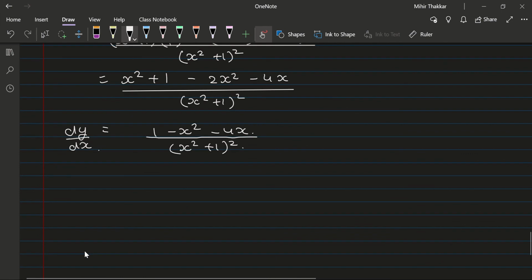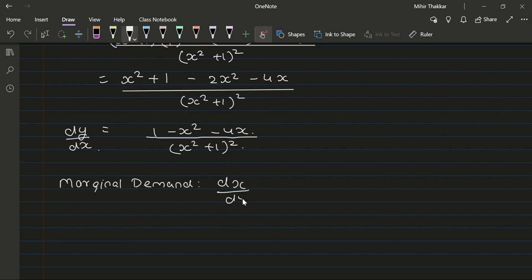But we are interested in the marginal demand. So when we want to find marginal demand, we say it is dx by dy, which is 1 upon dy by dx, and that is nothing but 1 upon this entire term, 1 minus 4x minus x square.